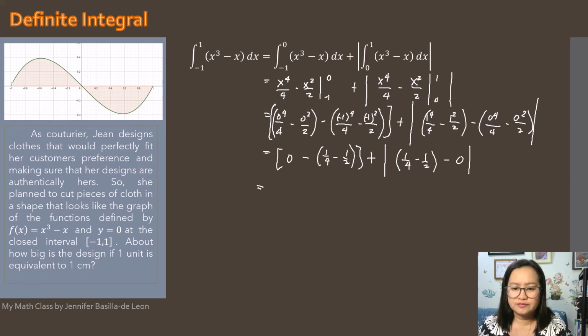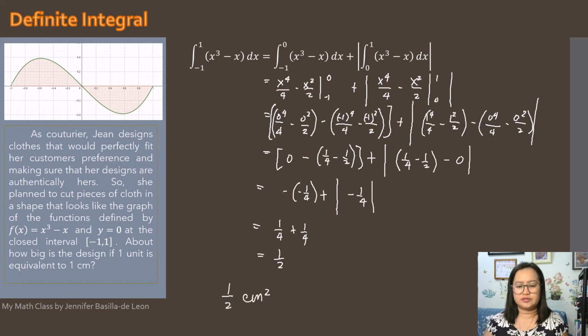So we will have negative of -1/4 plus the absolute value of -1/4. Simplifying, we will have 1/4 plus 1/4 is equal to 1/2. Therefore, the area is approximately equal to 1/2 centimeter squared.